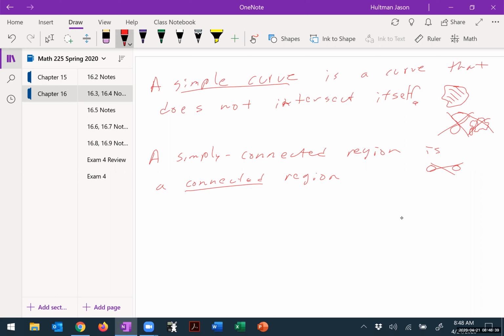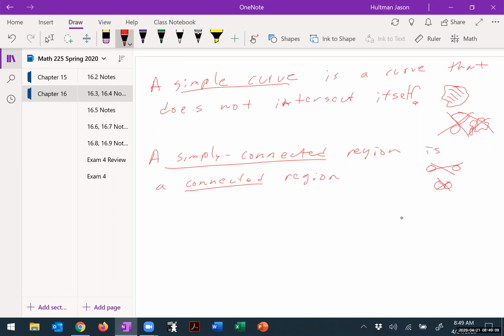They're islands. We want a simply connected region. A simply connected region is a connected region. So you could have a connected region like this, connected by here, but the problem is that they're not simple curves. So we probably don't want that either.